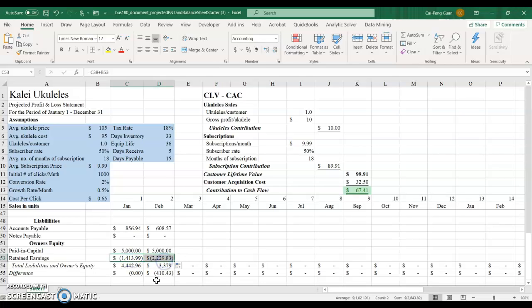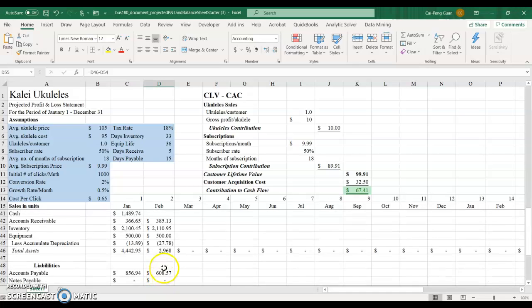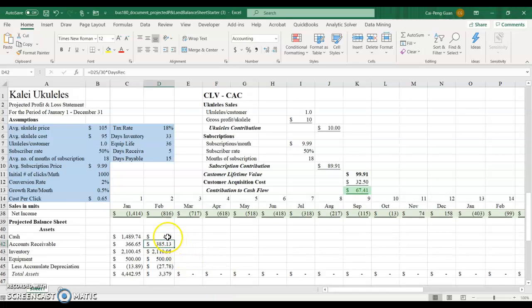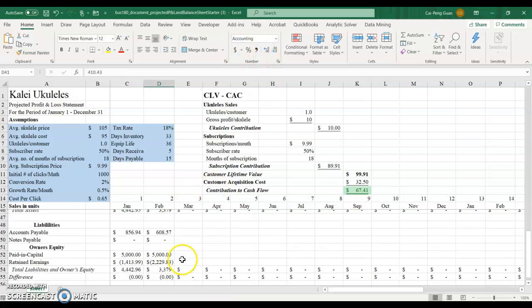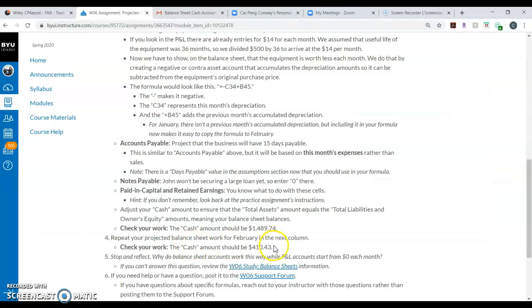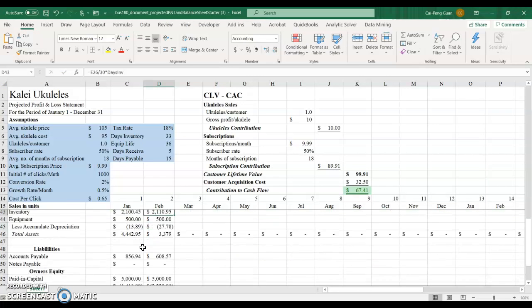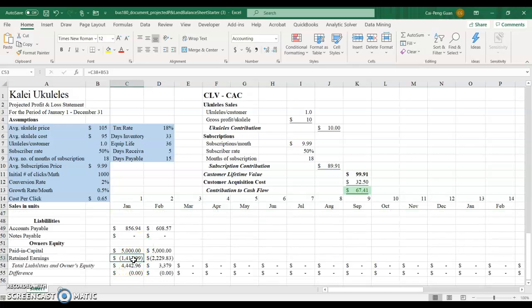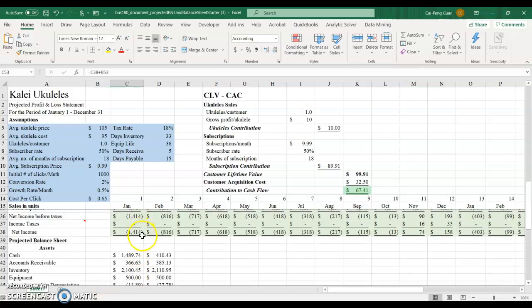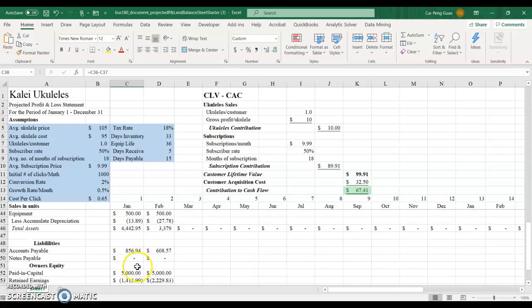Now we have the formula in place, and the difference is 410.43. And a balance. Voila, 410.43. What we really missed was that retained earnings thing. And we are supposed to use our previous month's number, adding the net income or net loss for this month.